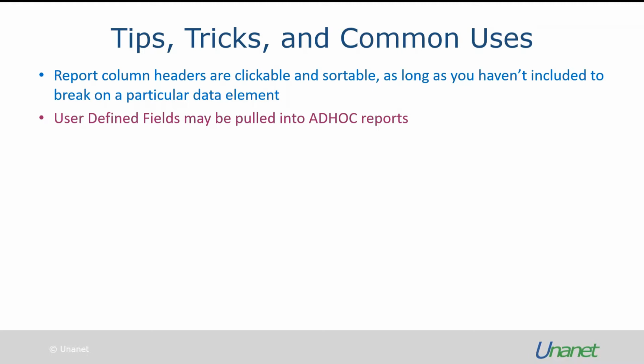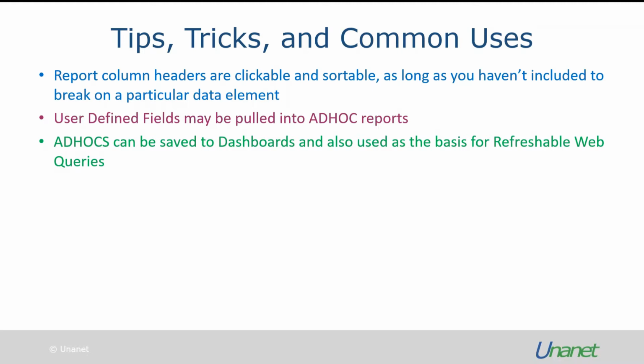You can also pull any user-defined fields that you may have into your ad hoc reports. So if you've made a user-defined field called favorite color and put that on your person record, then you could pull in that and have an ad hoc report to find out people's favorite color.